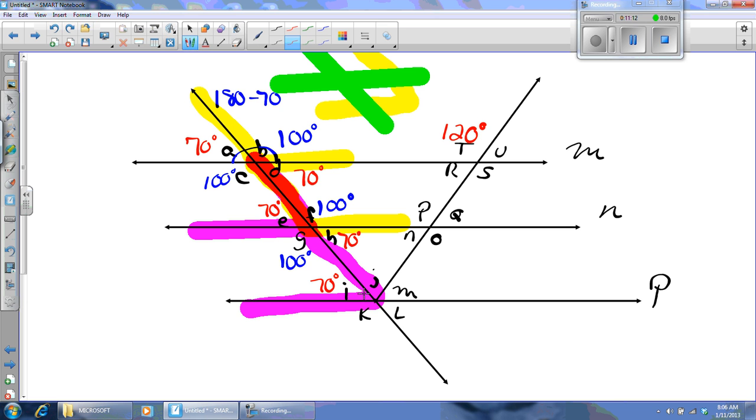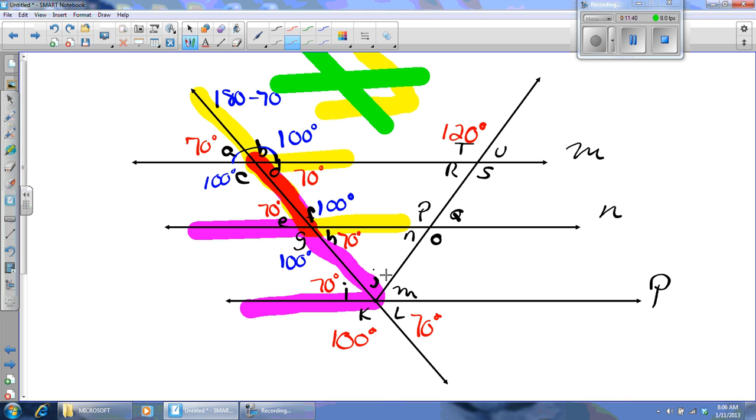Okay, now angle L is vertical with that one there, 70 degrees with angle I. Hey, look at this. B is 110, right? And it's outside the parallel lines. K is outside the parallel lines and on the other side of this diagonal, this transversal. They must be alternate exterior angles.